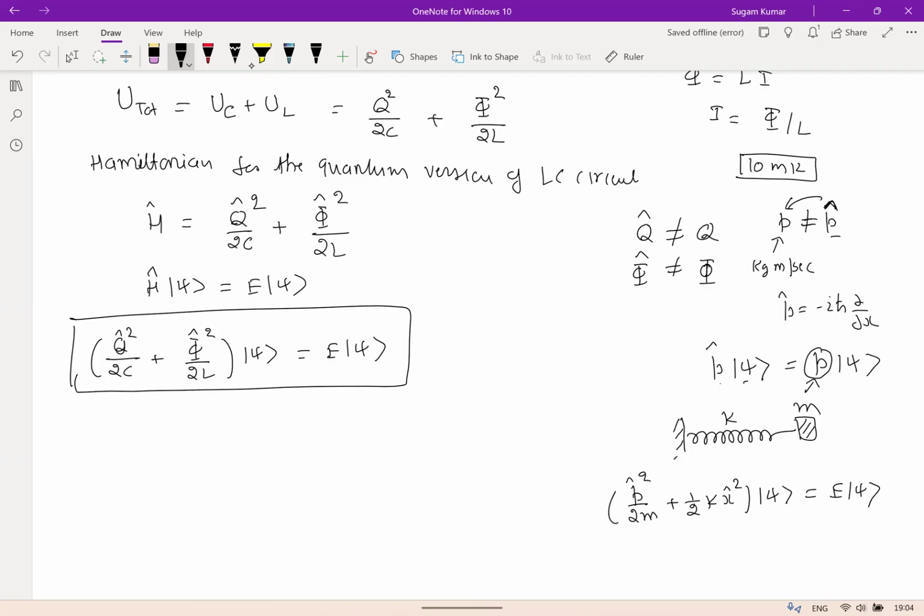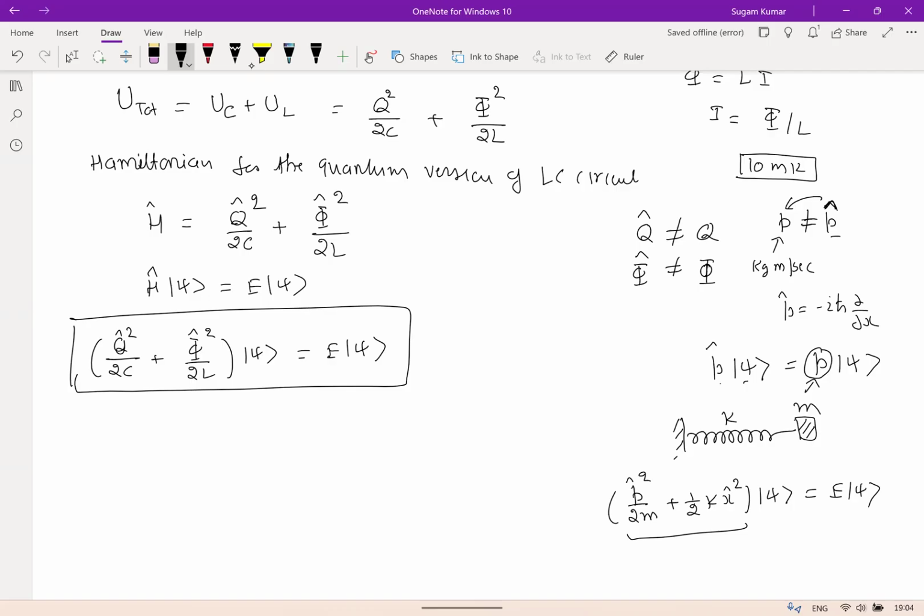You can see this is a quantum harmonic oscillator having a spring constant K and mass M. When the particle is in a harmonic potential, the Hamiltonian is written in this format. So you can see that these Hamiltonians are the same, and you can make a comparison.